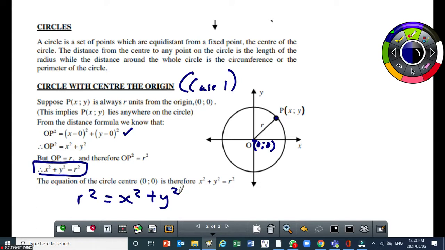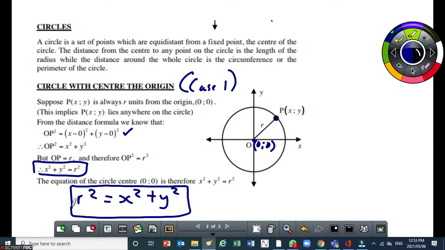You have encountered this equation before in trigonometry, from grade 10. So that equation, r squared equals x squared plus y squared, is actually an equation of a circle. But the circle must have a center at the origin. So if you see a question talking about the equation of a circle of center at the origin, it will be referring to this equation.